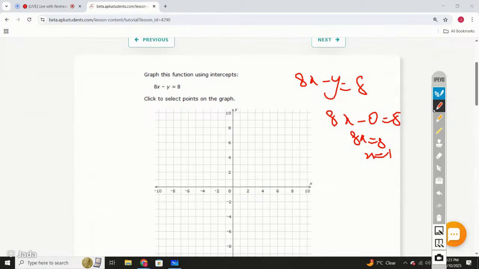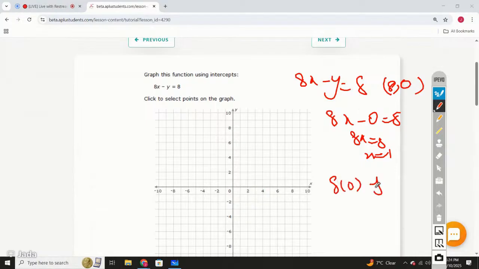For the x-intercept, we put y equals 0: 8x minus 0 equals 8, 8x is equal to 8, so x equals 1. So we have the point (1, 0). Now for the y-intercept, we put x equals 0 in the equation.